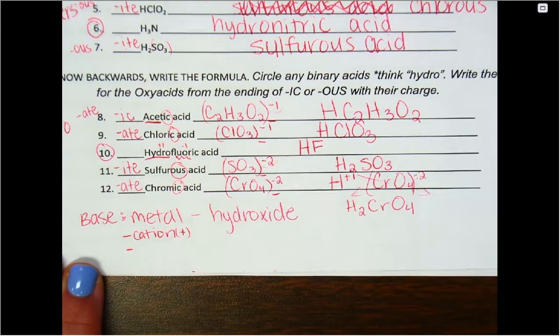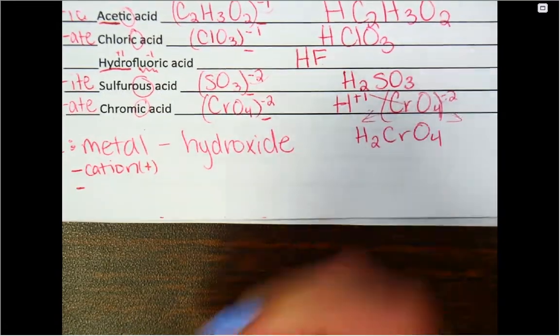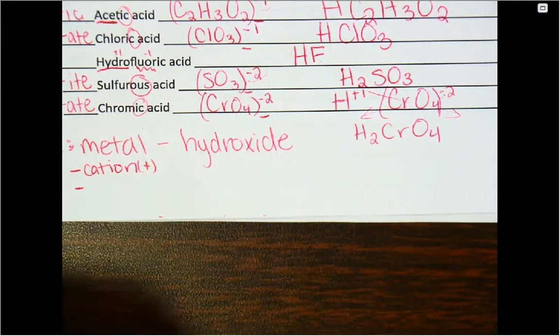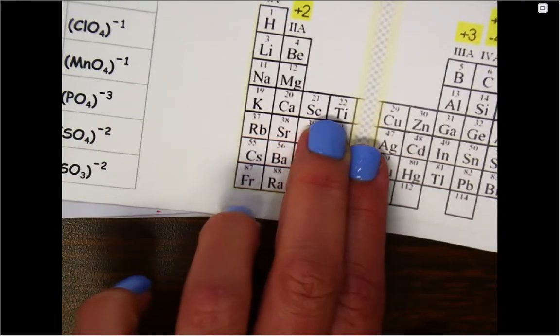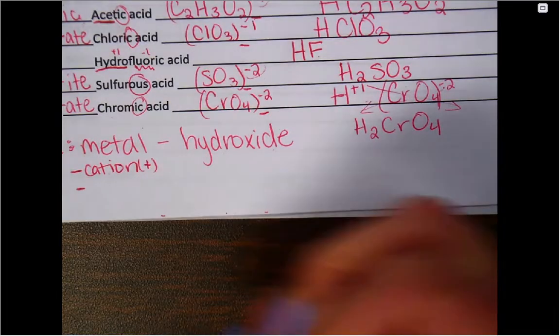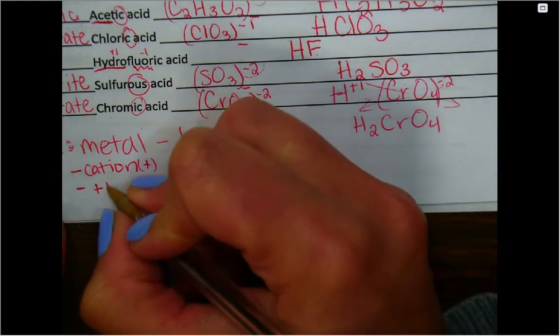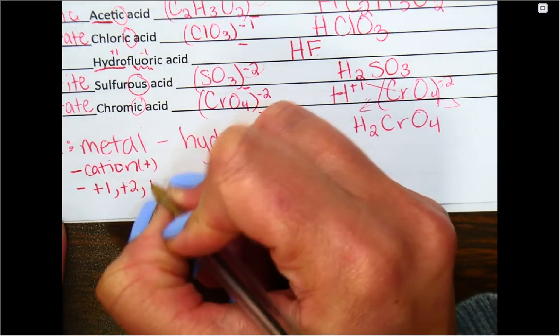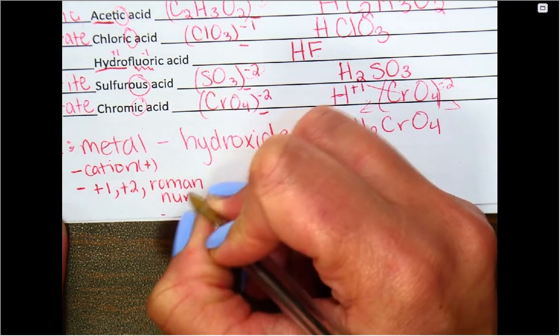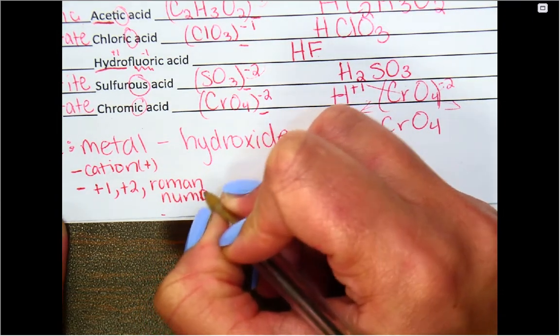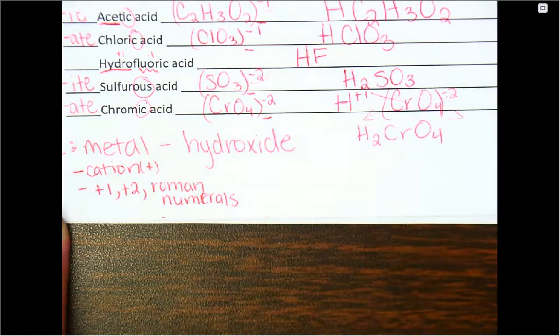You got to remember that we have this little list of all of our positive charges, but we got to worry about the guys in the middle. Those are your transition metals. Those are going to be given with those Roman numerals. So you'll have a +1, +2, and then you'll have Roman numerals. There we go. Roman numerals.